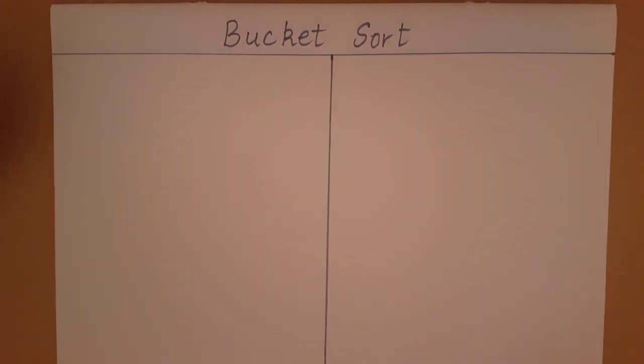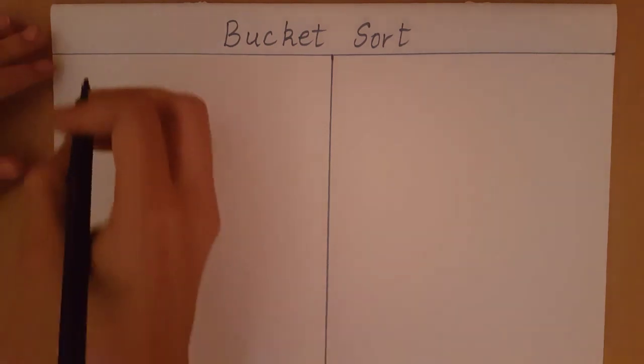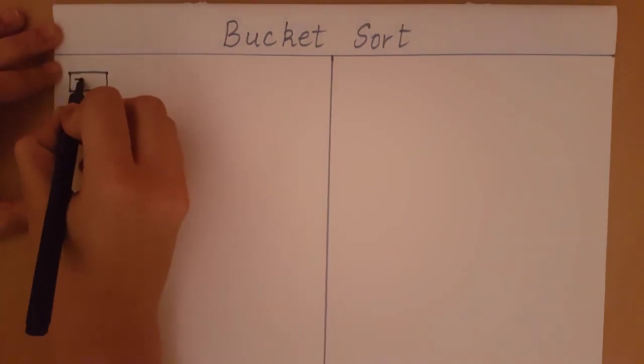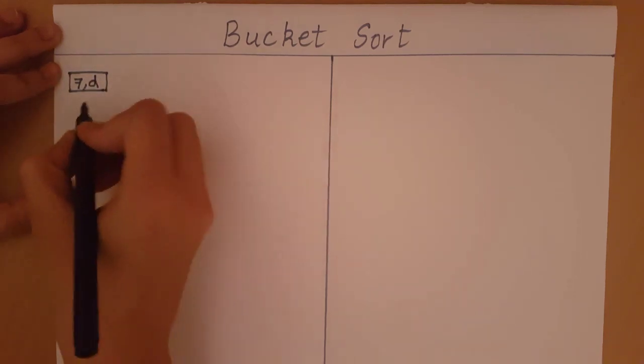So I'm going to consider a sequence of tuples. I'm going to have, say, a few elements like this, a pair of elements.